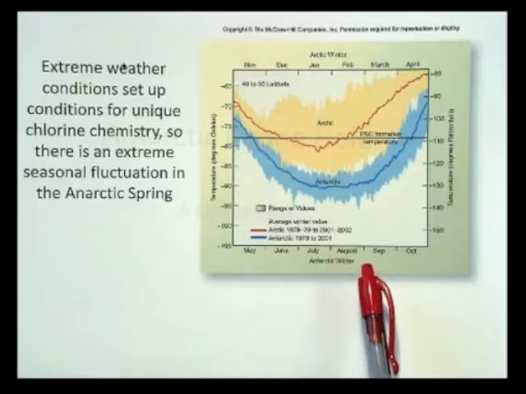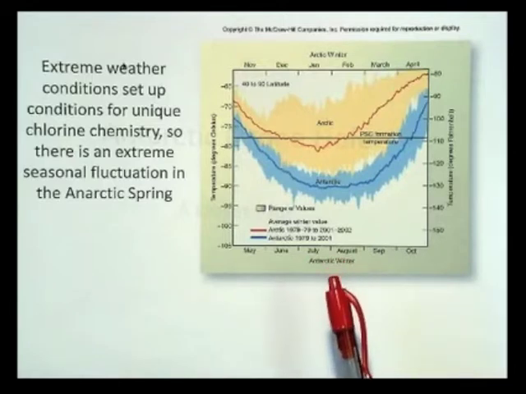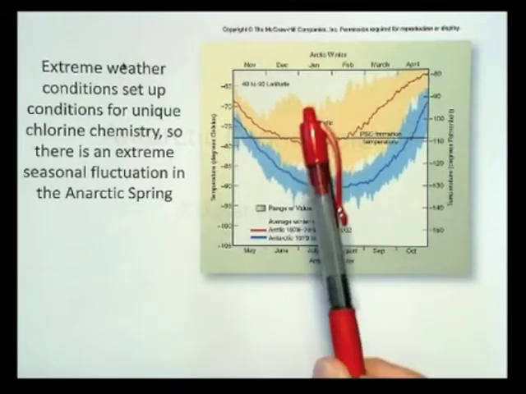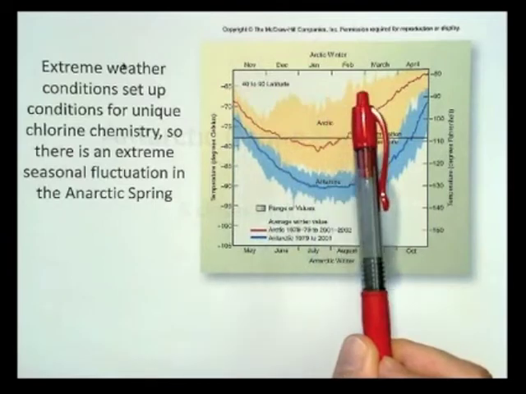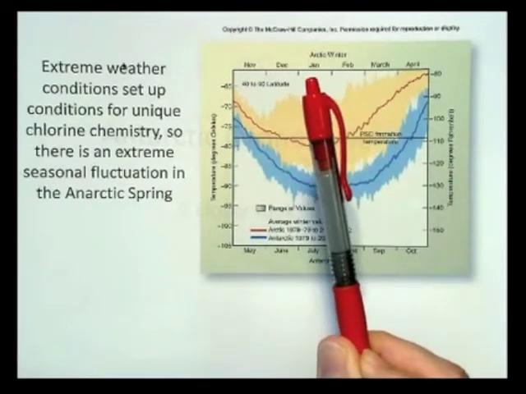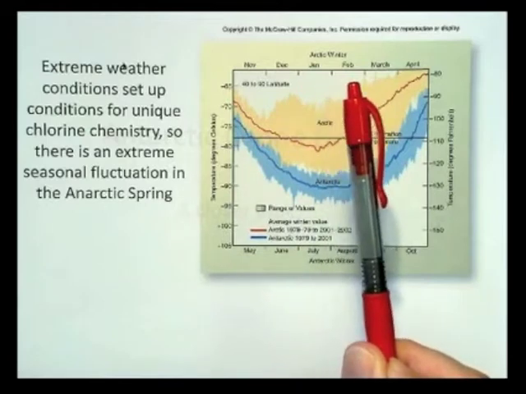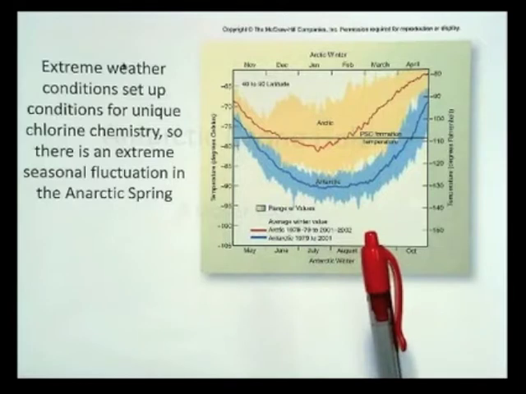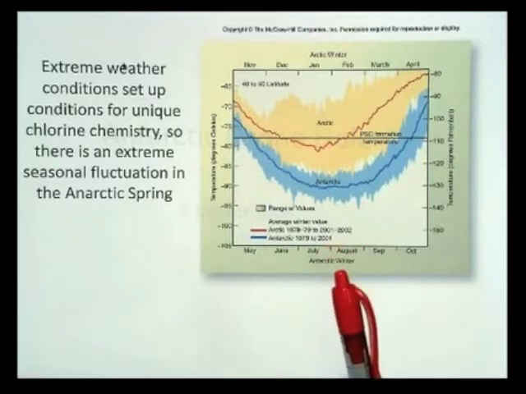In the middle there, July and August, that's what's considered the Antarctic winter. And then up here, the months are different because it's showing the Arctic winter, which is January, February. The Arctic winter is the northern hemisphere pole, and the Antarctic winter obviously is the southern hemisphere pole. So the seasons are opposite.